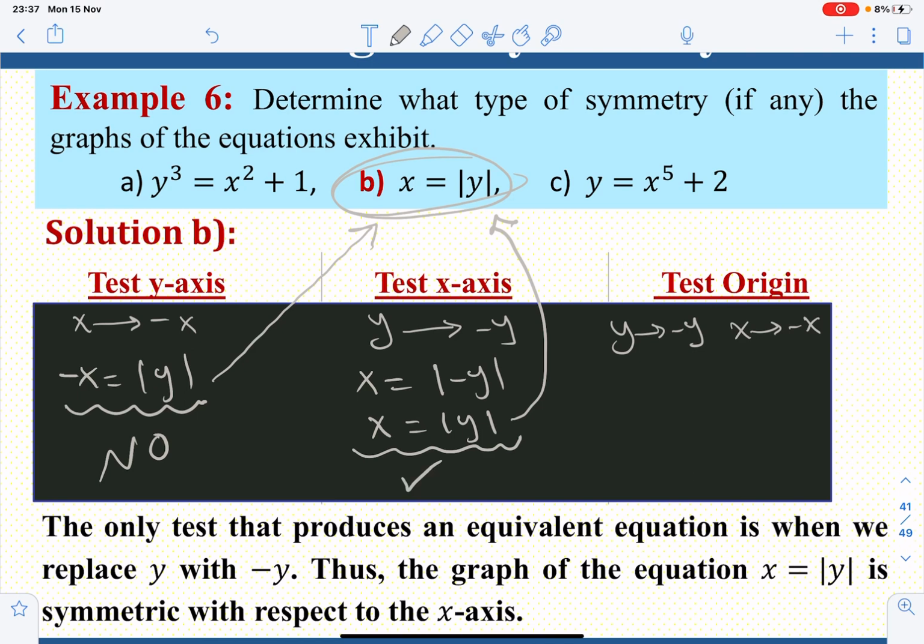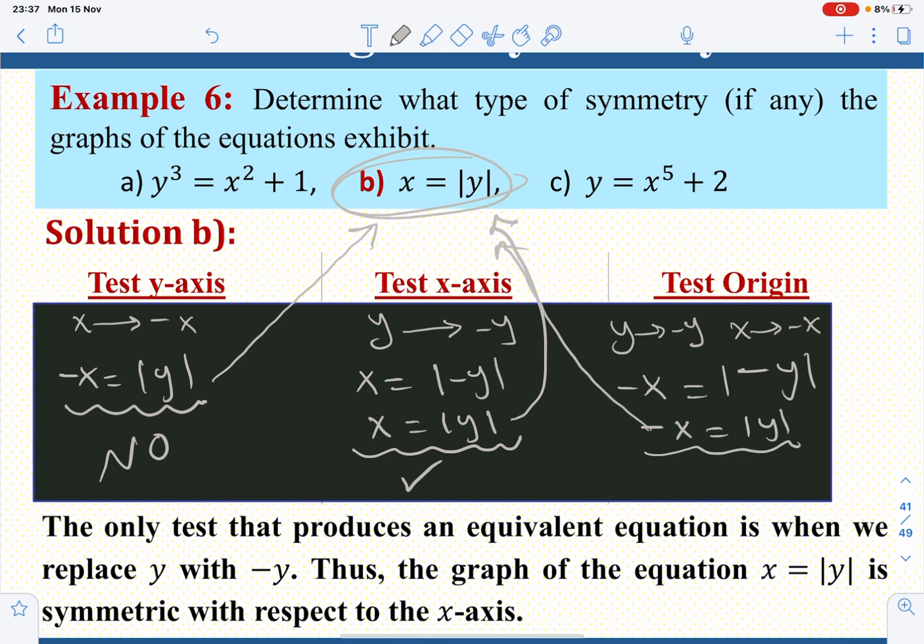But when I test the symmetry with the origin, I will exchange y and x with negative y and negative x. So this would be negative x equals the absolute value of negative y, which is negative x equals the absolute value of y, and this does not equal the original.